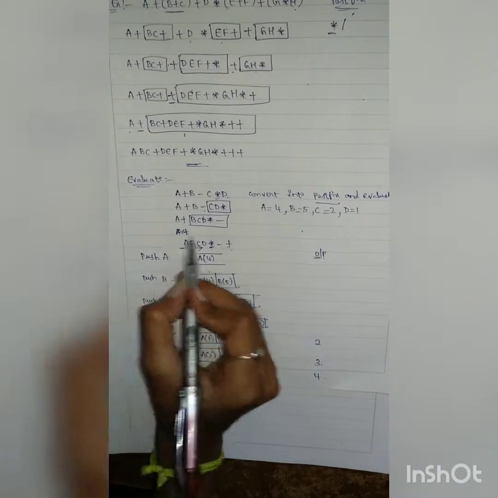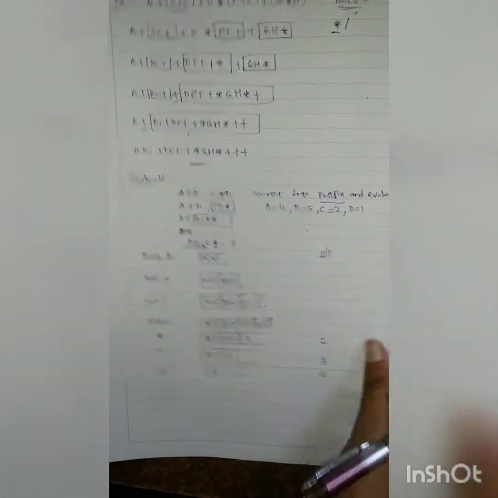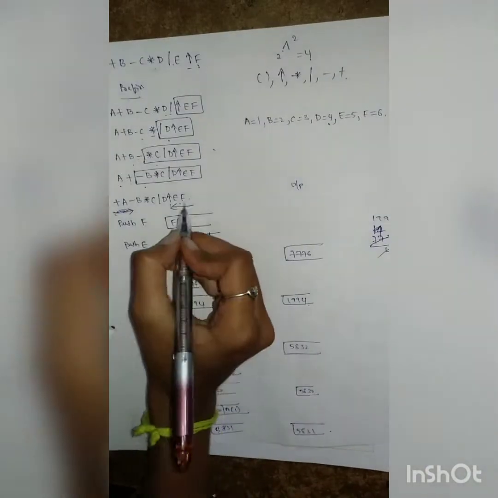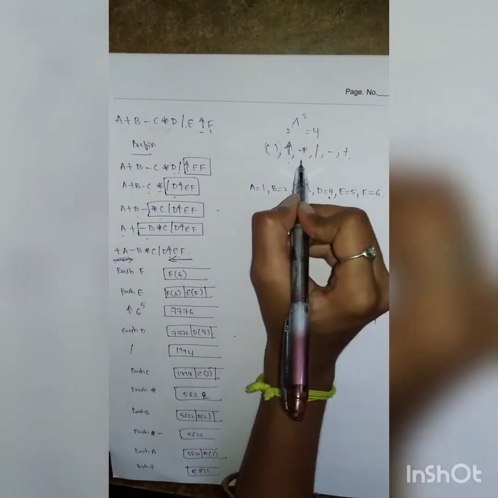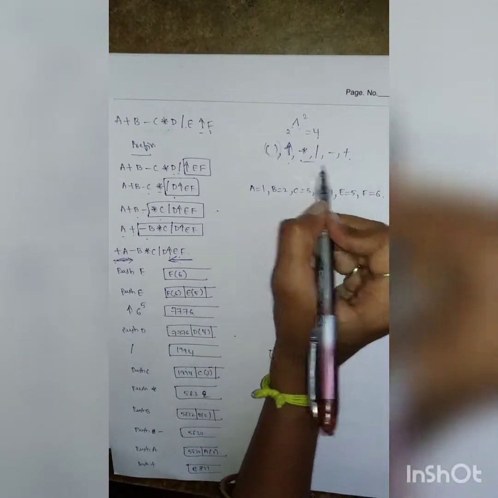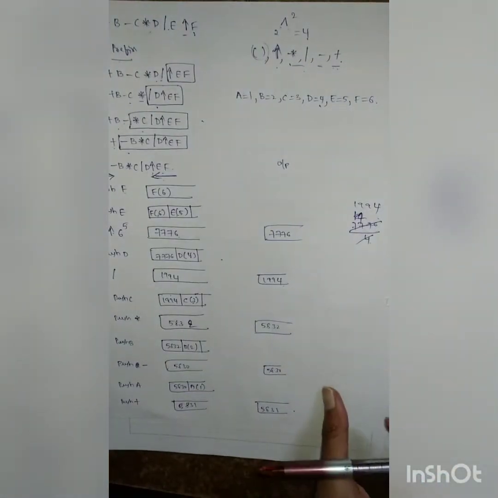While evaluating for postfix expression, we evaluate from left to right. For prefix expression, we evaluate from right to left. And precedence is first braces, next power, next star and division, next minus, next plus. In this way, we can convert and evaluate the expressions.